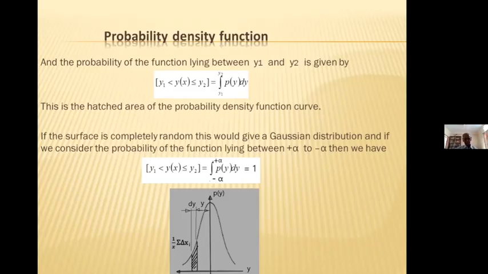And the answer is simple. The answer will be certainty. So it will be 1. Probability of finding the function between minus infinity to plus infinity would be a certainty, and it will be 1.